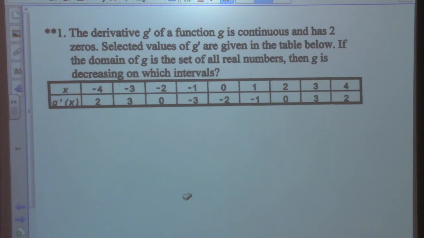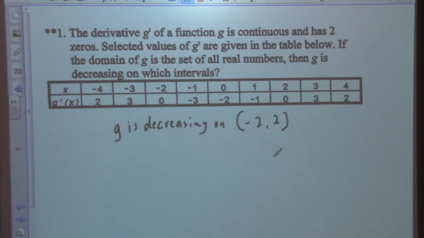So based on this, what interval or intervals is g decreasing? Negative 2 to 2.